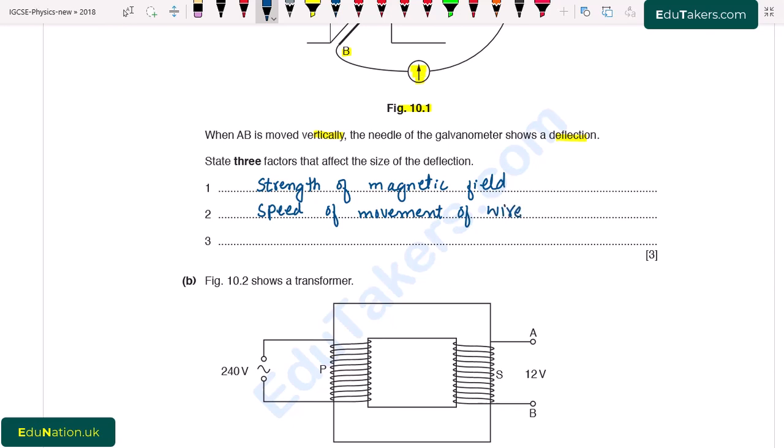That is AB, and length of the wire AB that is placed in a magnetic field.